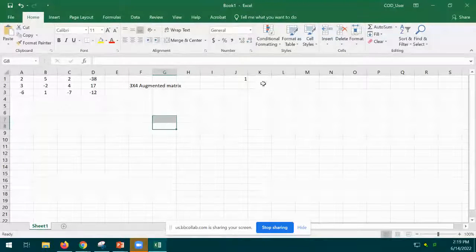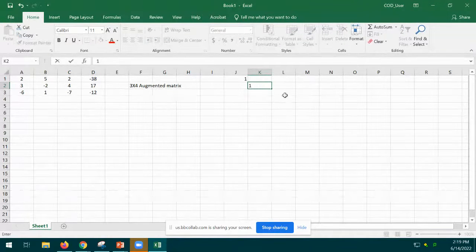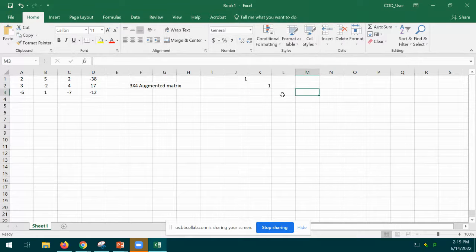Okay, so we want to get a 1 and a 1 along there. And then we would really like to have a 1 here. So you see, we would like to have some 1s. We're going to work to get 1s there. So that's what we're working to get.